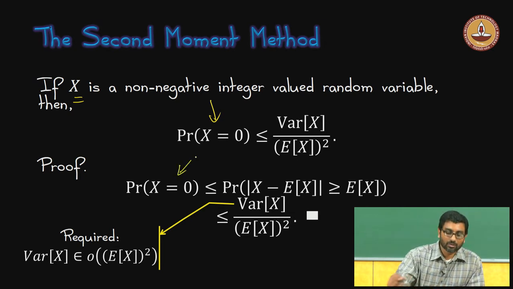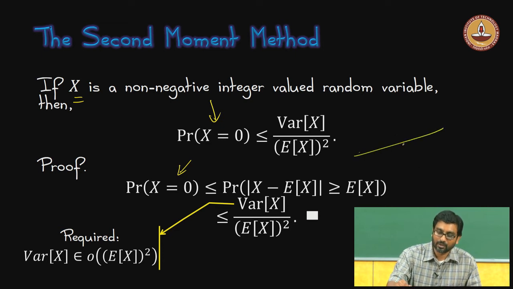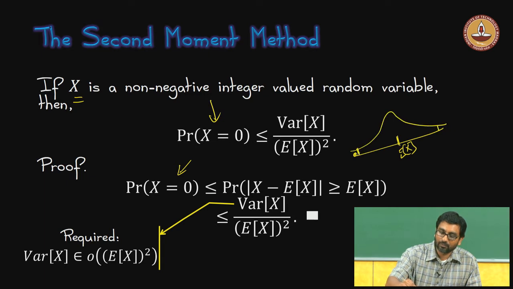So, what is the probability of x equal to 0? You can write this. So, now you want to know what is the probability that x equal to 0, and let us say this is the expectation of x. What Chebyshev tells you is it bounds both of them.